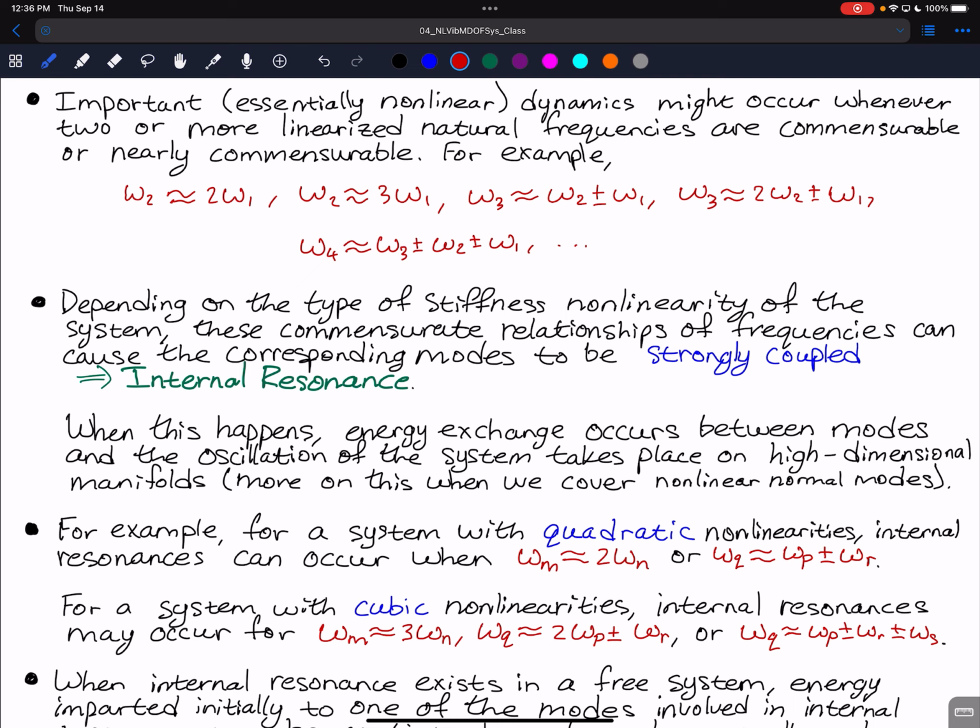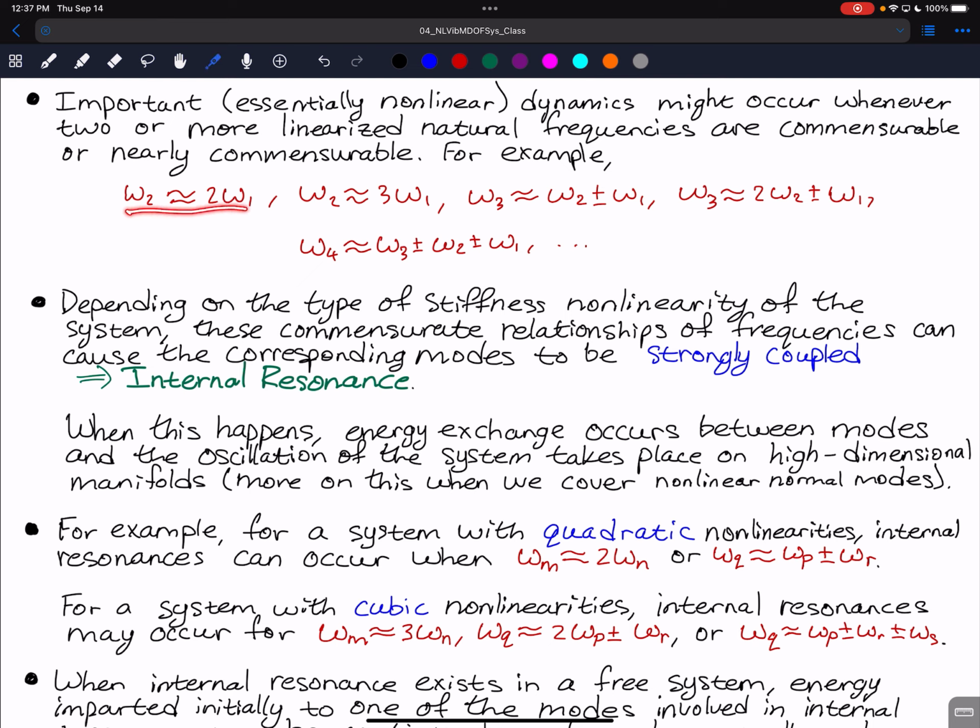Certainly when you do experimental measurements, you'll find that the ratio will not be exactly 2 to 1. It will be like 2.05 to 1, close to 2 to 1. When we go through the forced response, we'll introduce the detuning parameters, which will show how they'll be approximately these ratios.